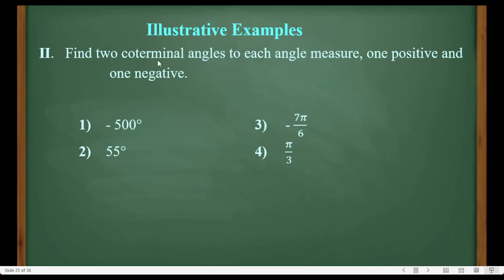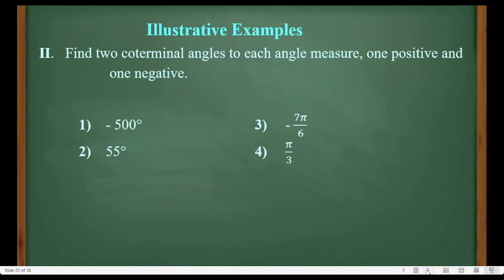Find two coterminal angles to each angular measure, one positive and one negative. So again, find two coterminal angles to each angular measure, one positive coterminal angle and one negative coterminal angle.